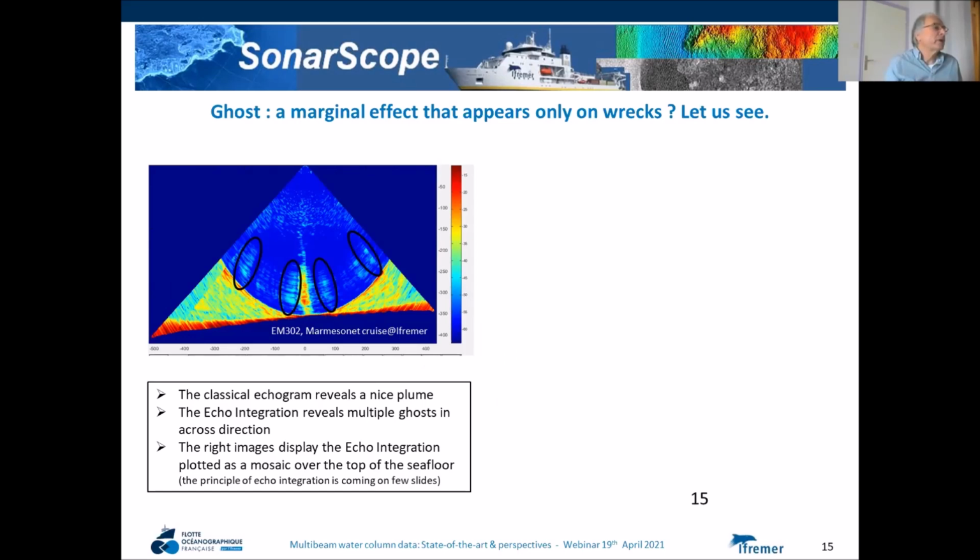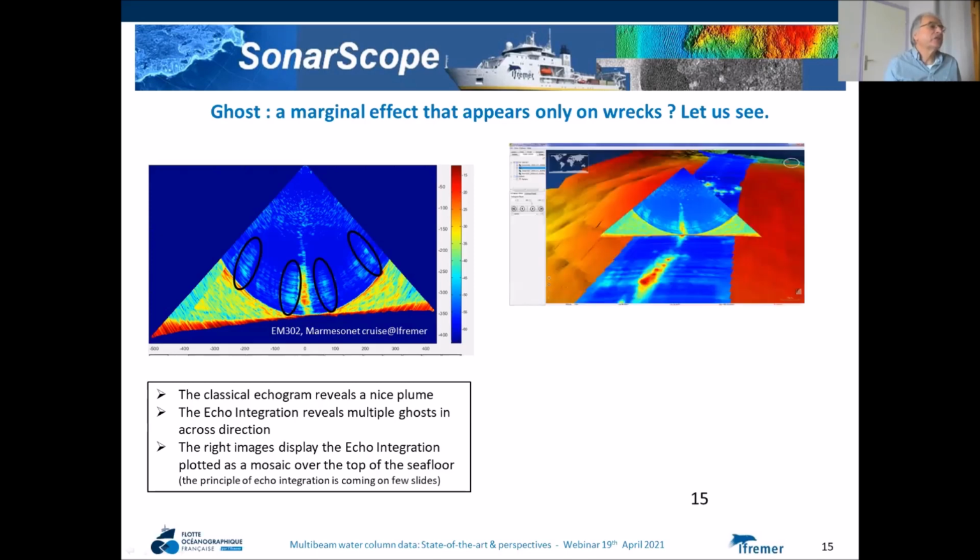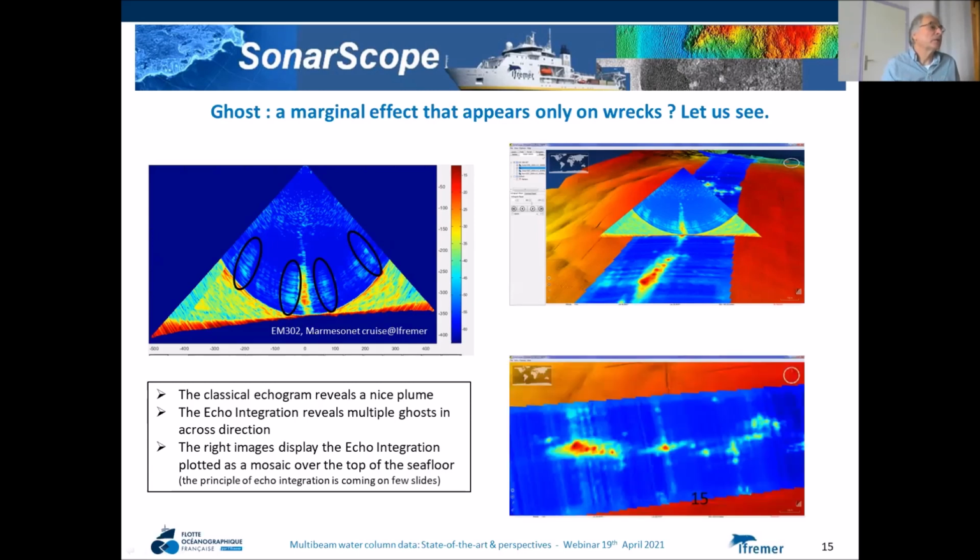Here we have the echo integration of the water column data wrapped on the seafloor. We can see the footprints of the ghost. We will come back to this in a few slides. Here are the footprints of the ghosts.